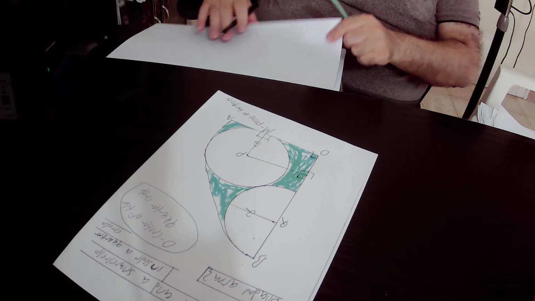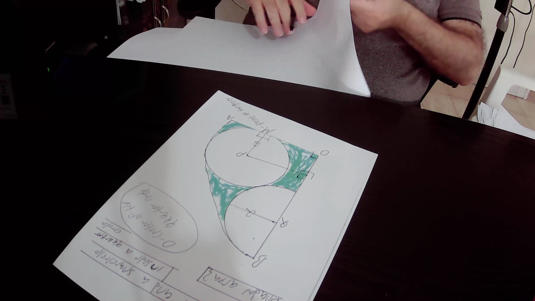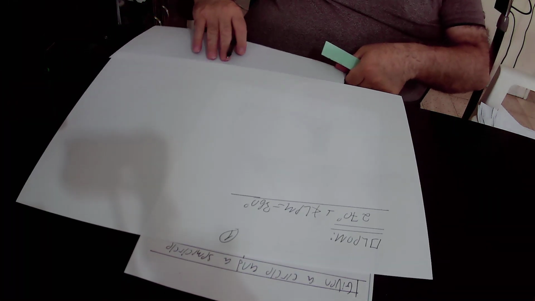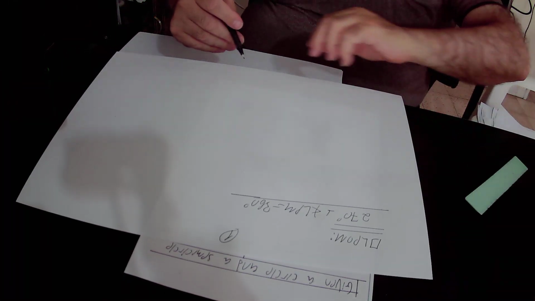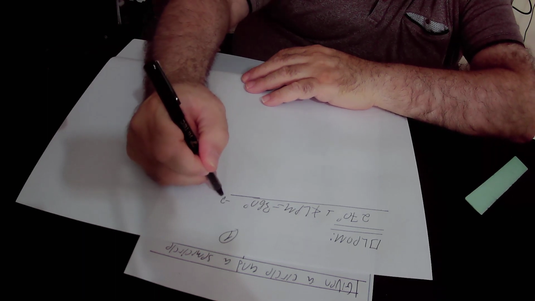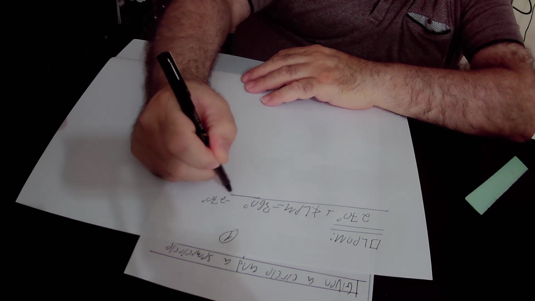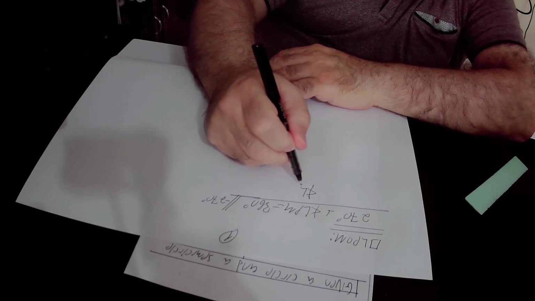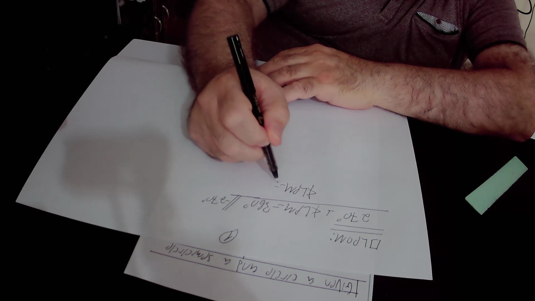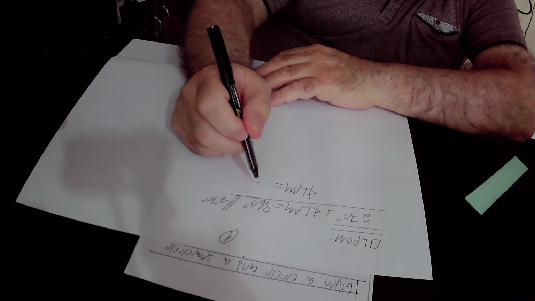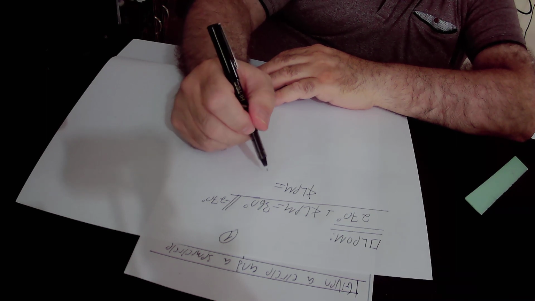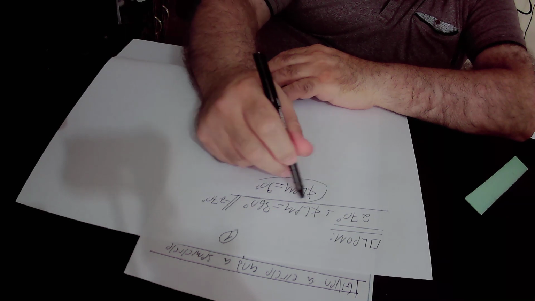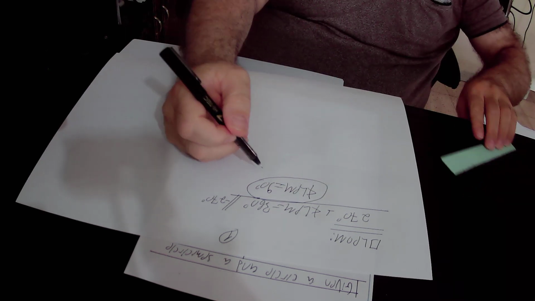Okay, so here we will subtract 270 degrees from this equation, and we will get that the missing angle, angle LPM, equals 360 degrees minus 270 degrees, which is 90 degrees. So we found out that the missing angle, angle LPM, equals 90 degrees.